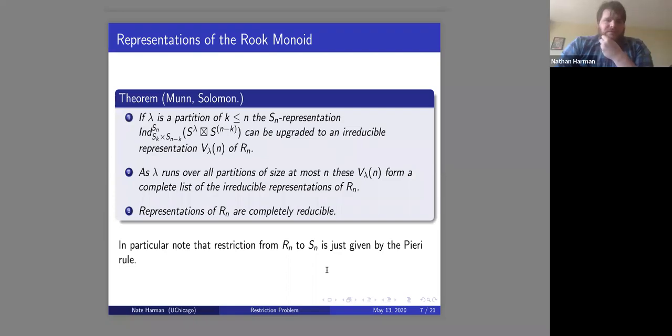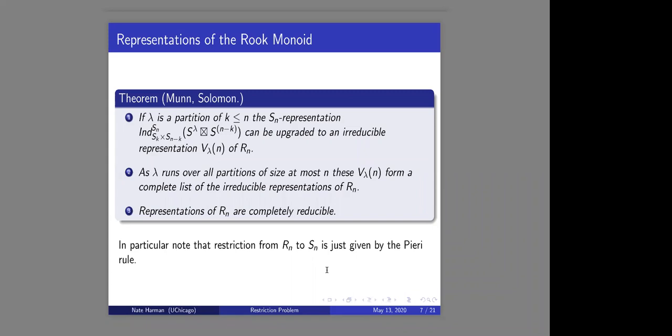Yeah, exactly. If we take a partition of n, the construction is just you let all of the lower rank elements of the monoid act by 0. Okay. And what if I take a partition of k which is strictly less than n? What would this work out to in terms of Sn? If you could give us one example.